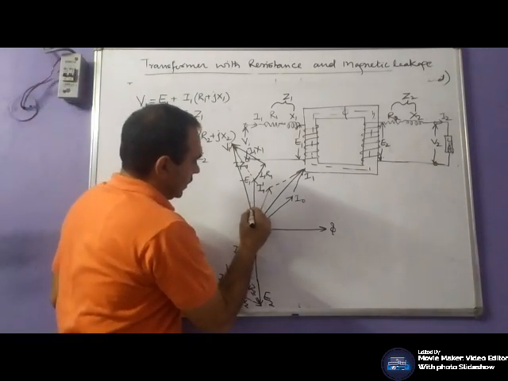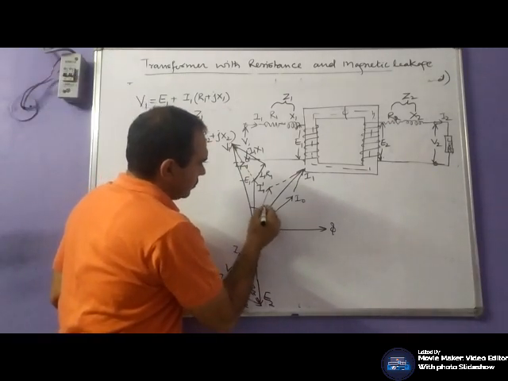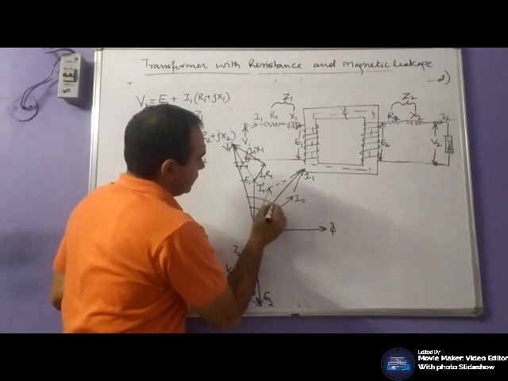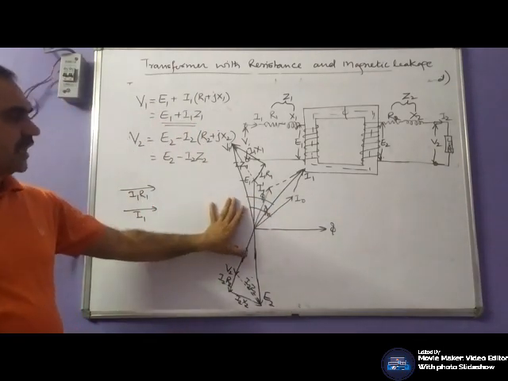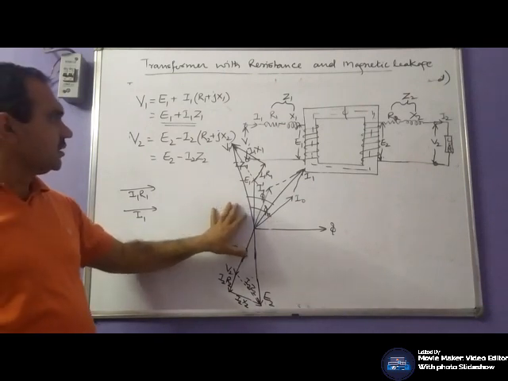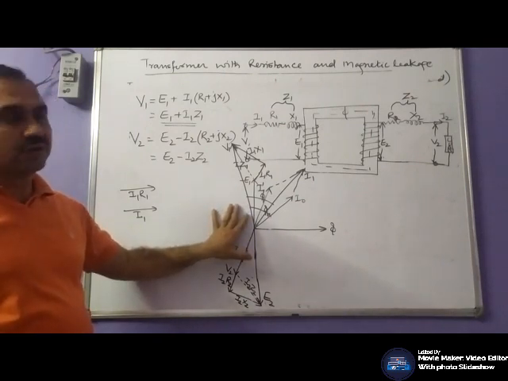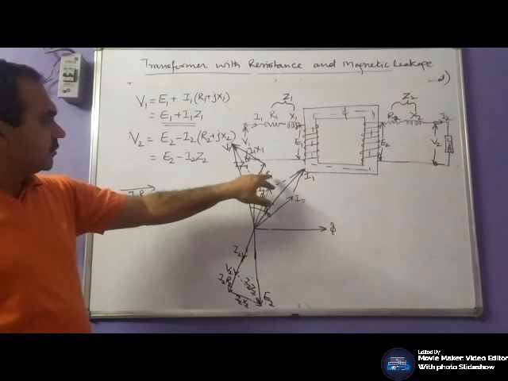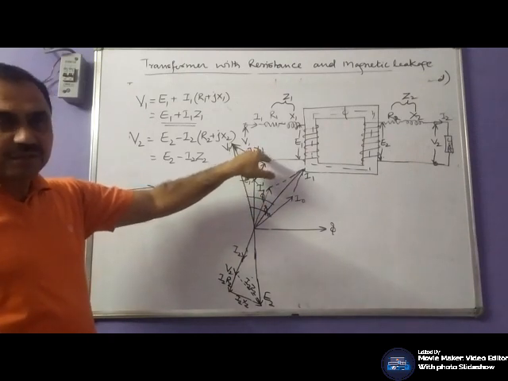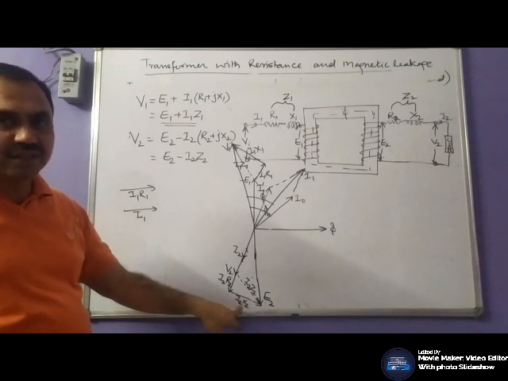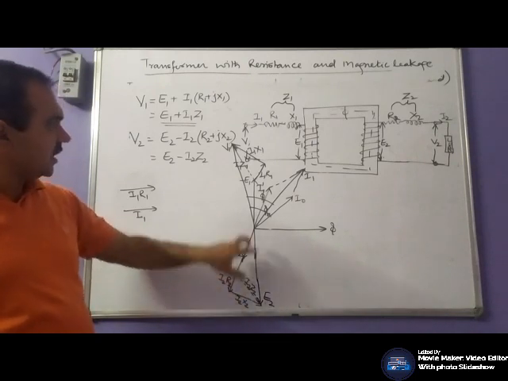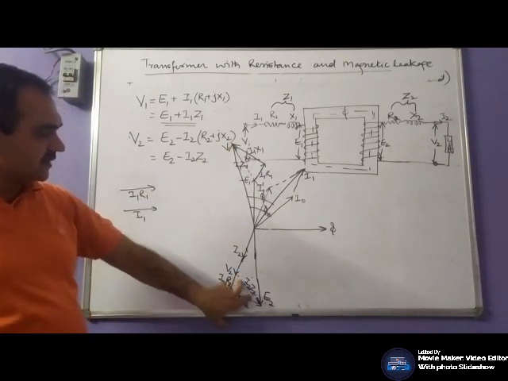So this will be phi naught, and this will be phi 1. So this will be the phasor diagram when your load is purely resistive. The primary resistance and reactance are represented, the secondary resistance and reactance are represented, and that is the resultant impedance.